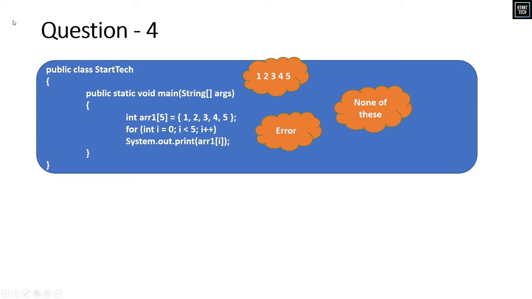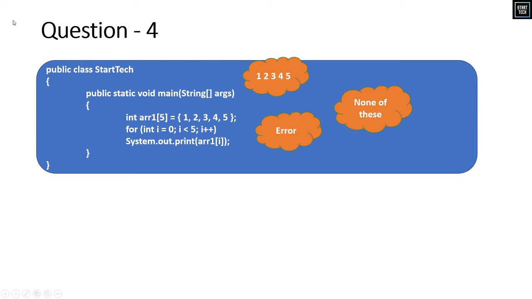So in Java, at the time of declaration, we cannot specify the size, right? If we observe this program, int array1 of 5, here we have specified the size. So in Java, at the time of declaration, we cannot specify the size, otherwise you will get a compile time error.